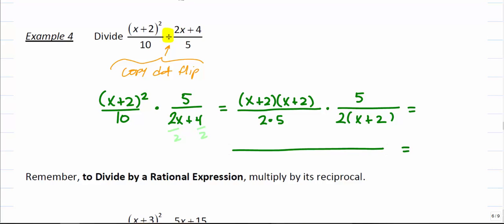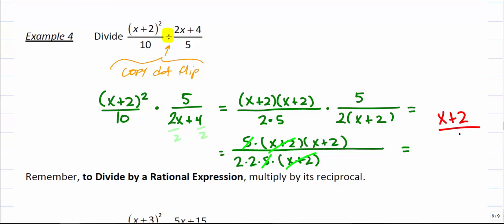So that would become 5 times x plus 2 times x plus 2 over 2 times 2 times 5 times x plus 2, which is going to allow me to divide these out and to divide out one of those. And so I'm going to be left with x plus 2 in the numerator over 4 in the denominator. And that is as far as I can go because I cannot cancel across that addition.